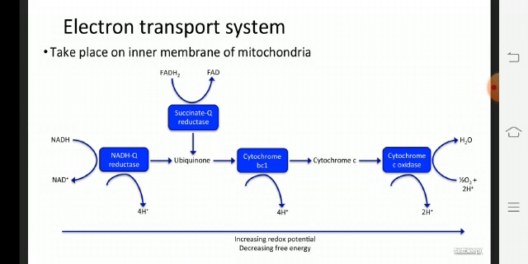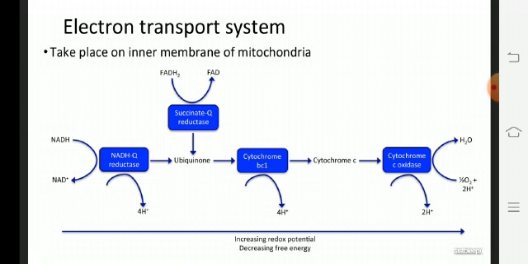Therefore, it is said to be oxidative phosphorylation. Phosphorylation means the addition of a phosphate group. In oxidative phosphorylation, oxidation takes place followed by phosphorylation. This process is called oxidative phosphorylation.